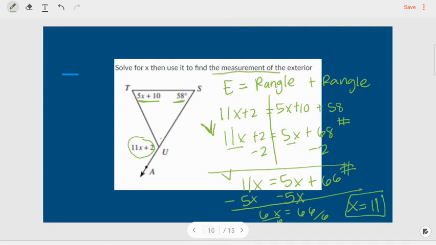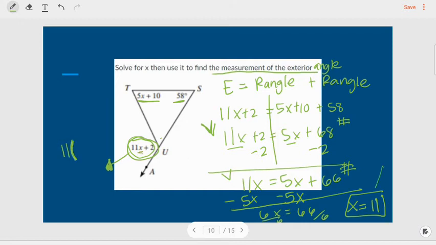It also asked me to find the measurement of the exterior angle. So the exterior angle is 11x plus 2. Now, if you're like, I don't know what to do, well, let's write 11. X means times, so I'm going to put parentheses. Well, what is x?